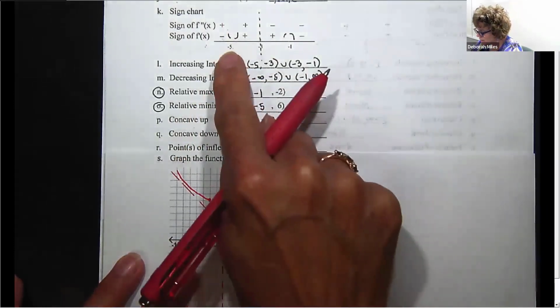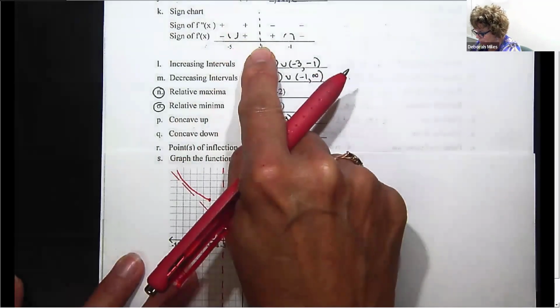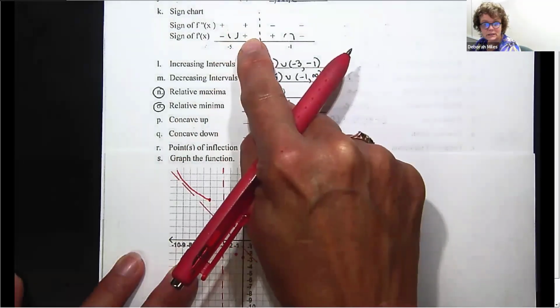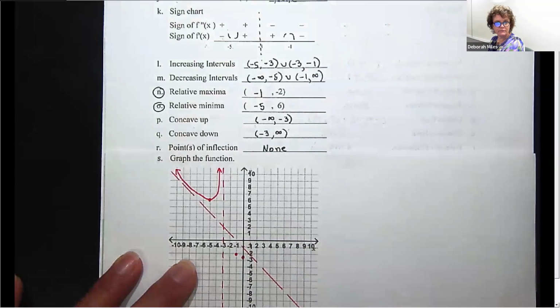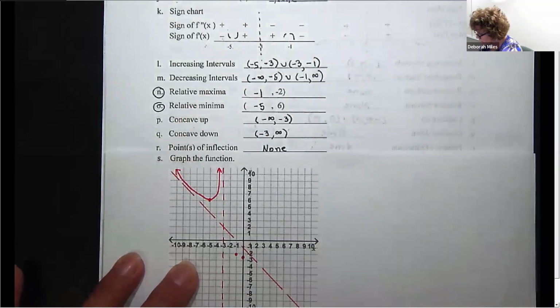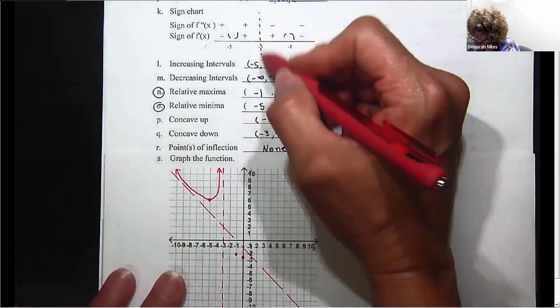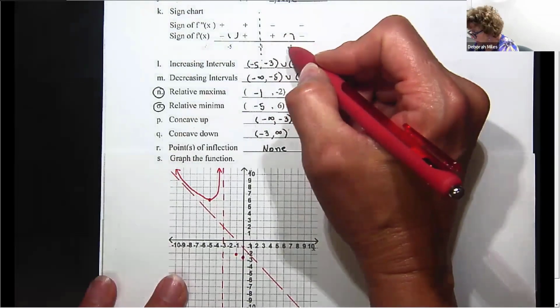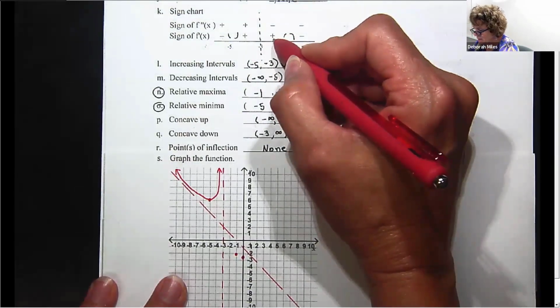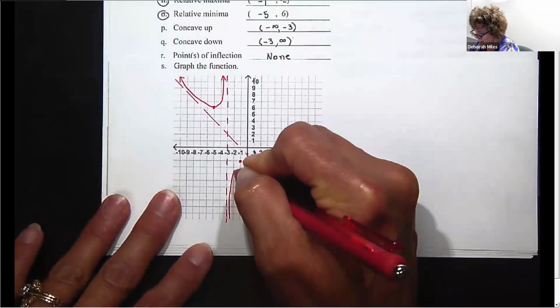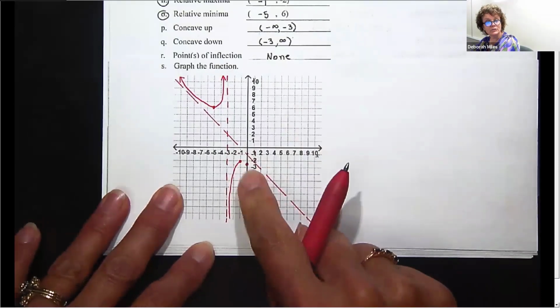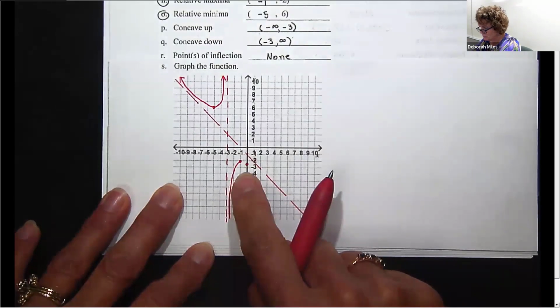And then from that relative min to the vertical asymptote, the graph is increasing and concave up. So there's the left portion of that graph. And then from the vertical asymptote to the relative max, the graph is increasing and concave down.